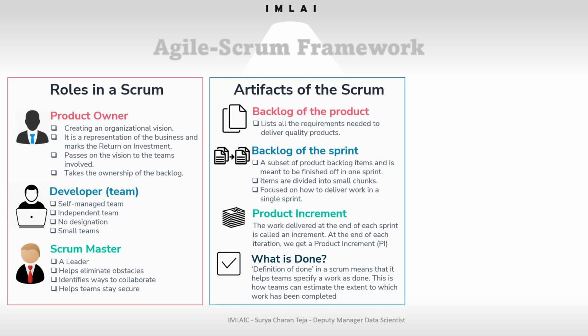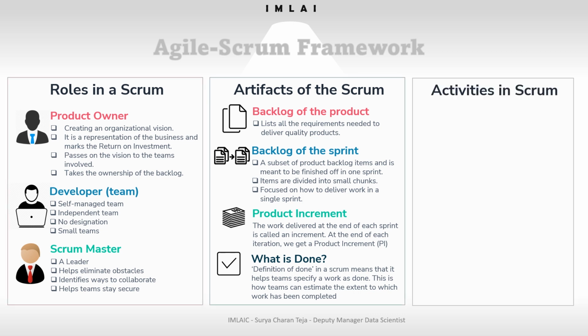So in Scrum, done has a specific definition. If the feature, that backlog that you want to build, deploy, and complete in that sprint, meets the requirements of the done definition, then it has been done. So now we will move into the different activities that these employees do in Scrum.